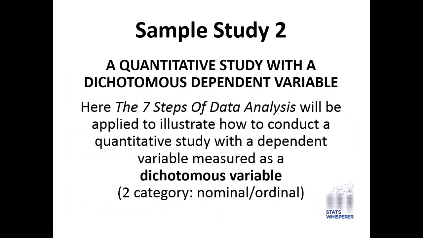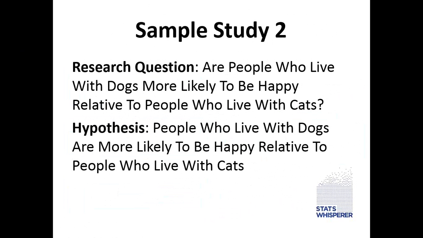So we're looking at how to apply the 7 steps to conduct this quantitative study with a dependent variable measured as a dichotomous variable, which is a nominal or ordinal level variable with 2 categories. So we could see the research question just changed a little. Are people who live with dogs more likely to be happy relative to people who live with cats? And the hypothesis is, again, that people that live with dogs are more likely to be happy relative to people that live with cats.